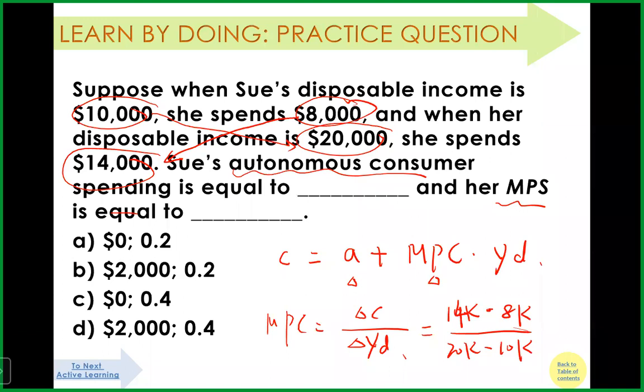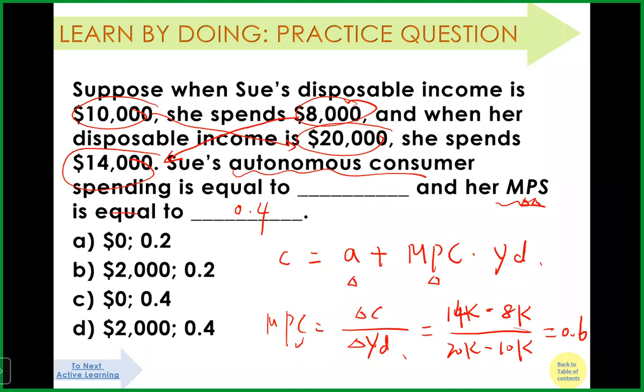That gives you 0.6. But that immediately means MPS equals 0.4, right? Does that make sense? Are you with me? Because 1 minus 0.6 equals 0.4. Okay, so this is MPC.